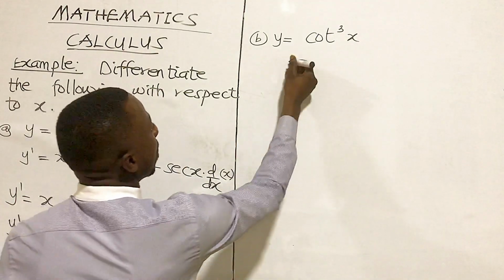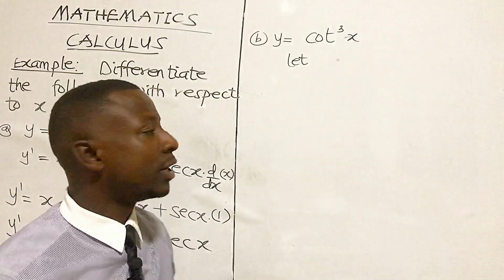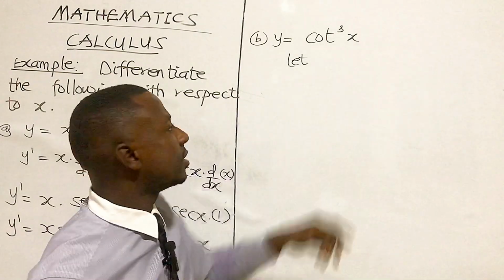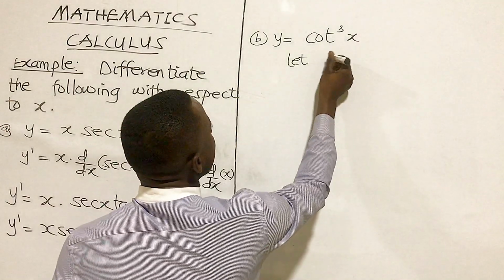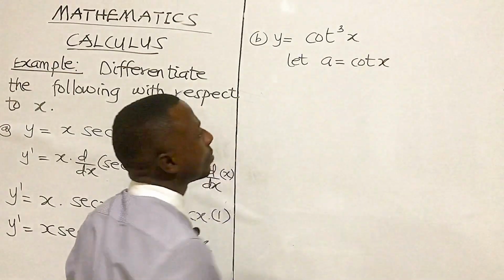So over here, we are going to let any variable of our choice represent cot x. So let's say a is equal to cot x.